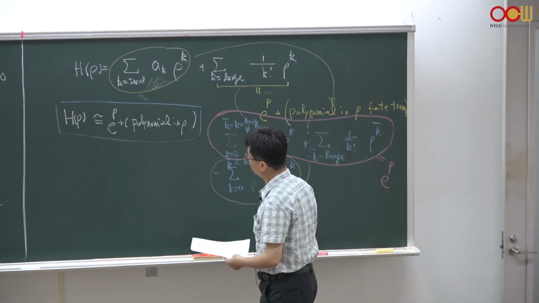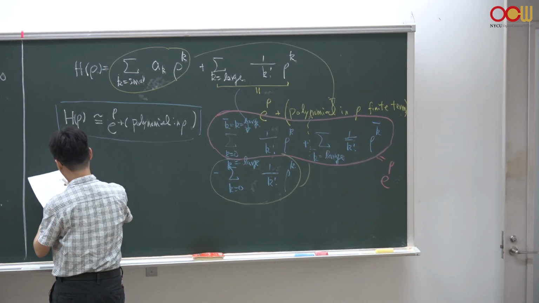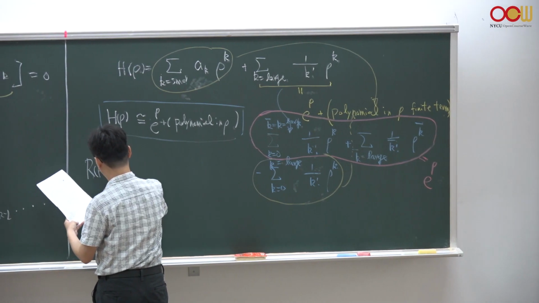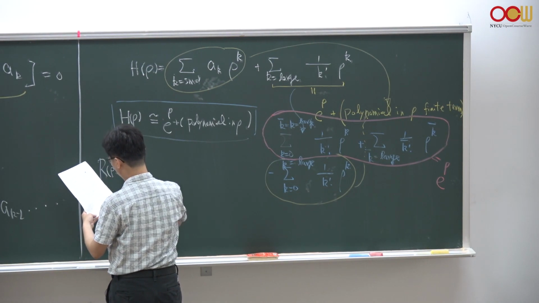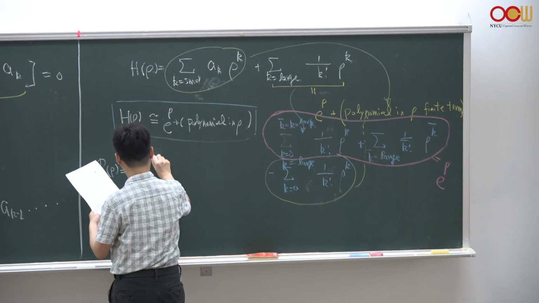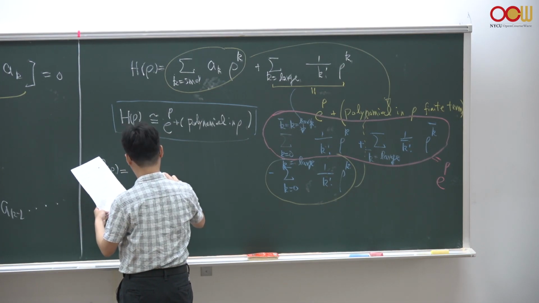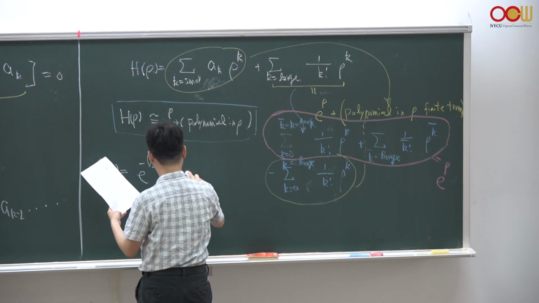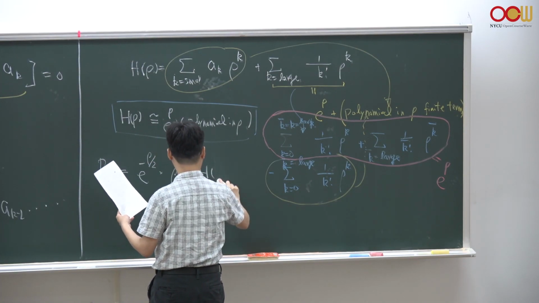Let's plug this back into the general solution of the radial part of the eigenfunction. This is e to the minus rho over 2 times rho to the power L times h of rho.